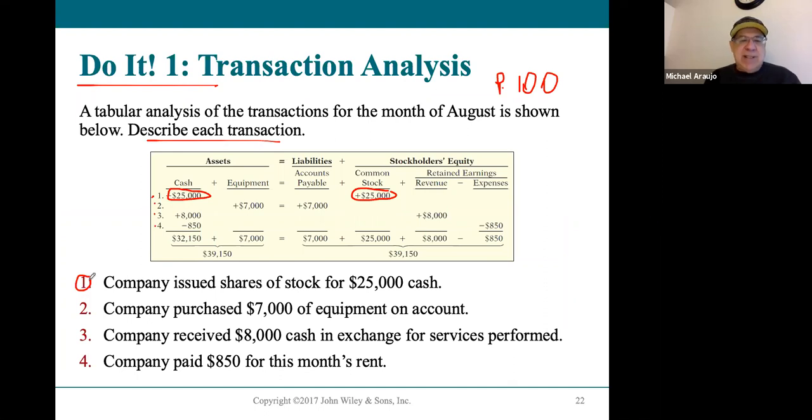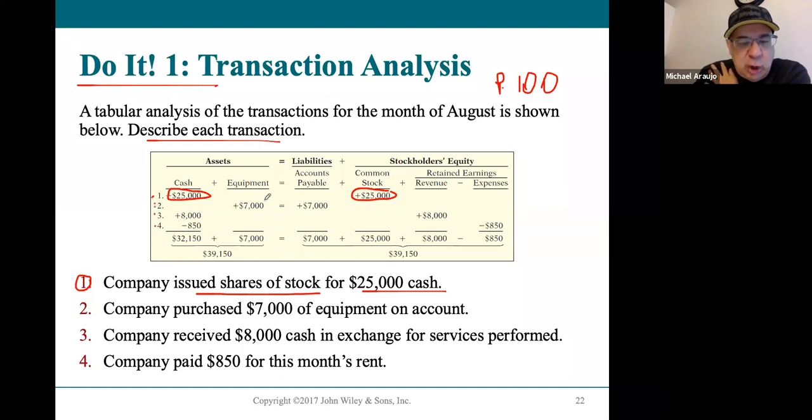So this is a transaction you're going to see thousands of times if you study accounting. But you will see it hundreds of times in this class, guaranteed, okay? And so more cash and more common stock simply means that the company has sold shares of stock to investors in exchange for $25,000 in cash. So more common stock, more cash.